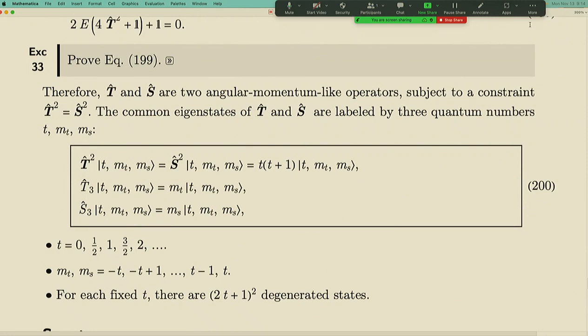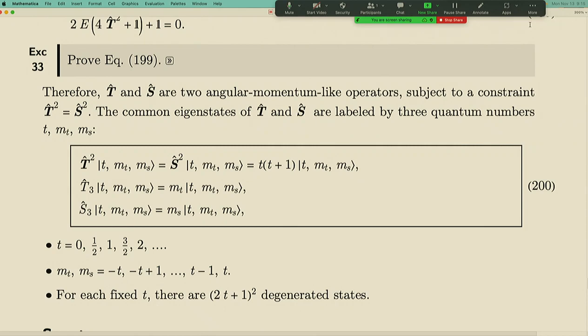I should label them by T and MT. That's like the J and M for T. And then J and M for S may be called S and MS. But because the angular quantum numbers of T and S are the same, I just use a single T to denote the angular quantum number of both. The magnetic quantum numbers for T and S will be separate. So the state will be jointly labeled by 3 quantum numbers.